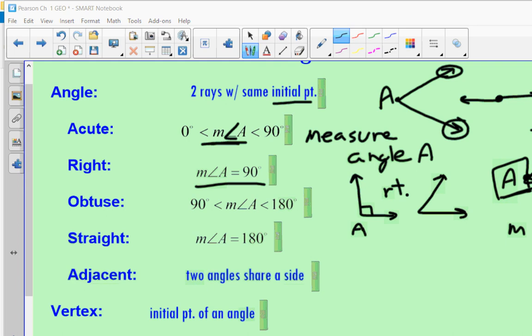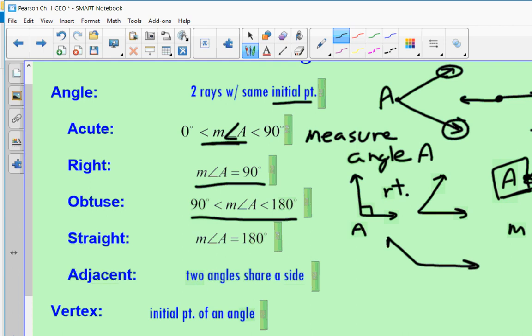And then the next one that goes with it is obtuse. So an obtuse angle is going to have a measure between 90 and 180. It's not going to be 90 because that's a right angle, and it's not going to be 180 because that's a different angle. So it's got to be somewhere in between. An obtuse angle has to actually open bigger than a right angle. So that might look something like this.